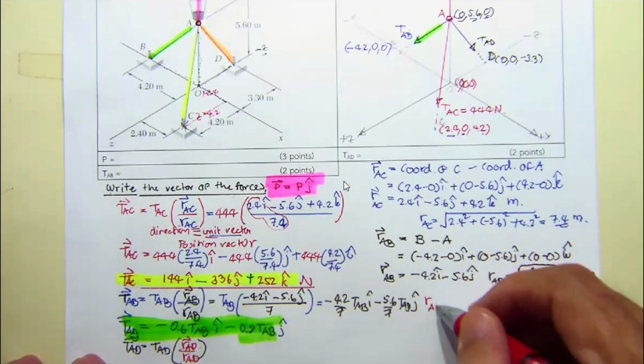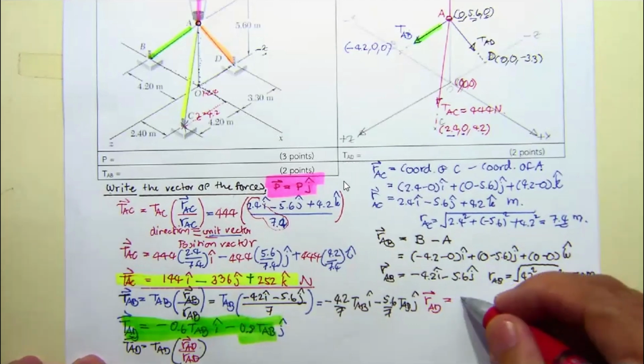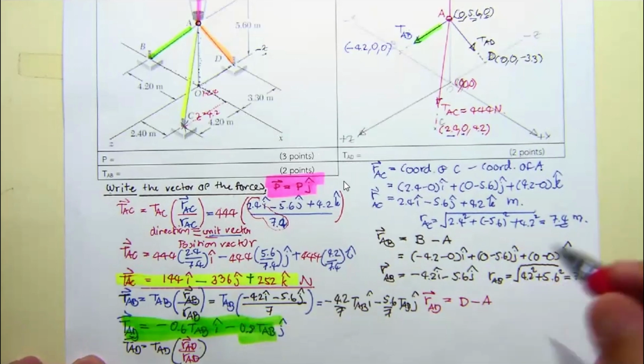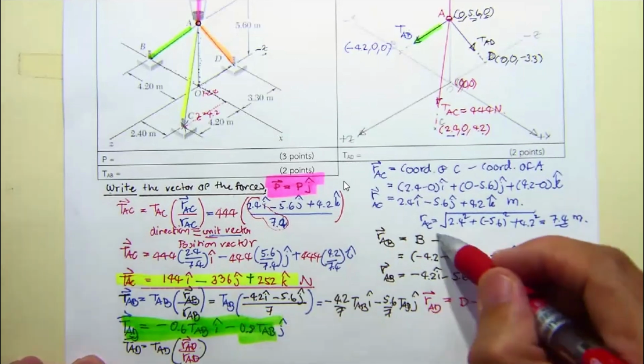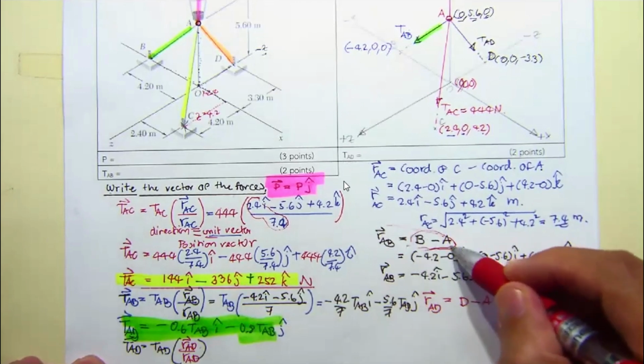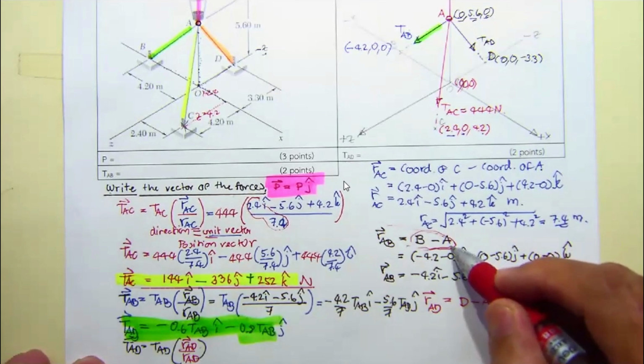Now, what's going to be r sub AD? Again, AD is equal to the coordinate of D minus the coordinate of A. Take note on this. Don't write this one in your examination. I just show you in order to help you understand it better, since some students may be confused.